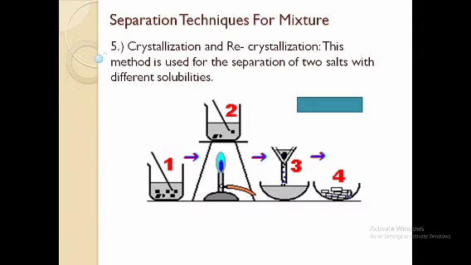So to obtain a pure substance by crystallization, the impure solid is dissolved in a suitable solvent, leaving the impurities as the insoluble residue. The solution is then filtered, concentrated, and recrystallized.